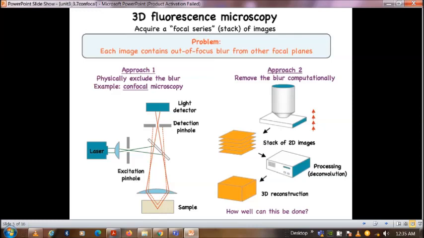And in the second approach, the blur is removed computationally by 3D reconstruction, where the received images form a stack of 2D images, which is processed and deconvolved to get a 3D reconstructed image. So this is the process with confocal microscopy.